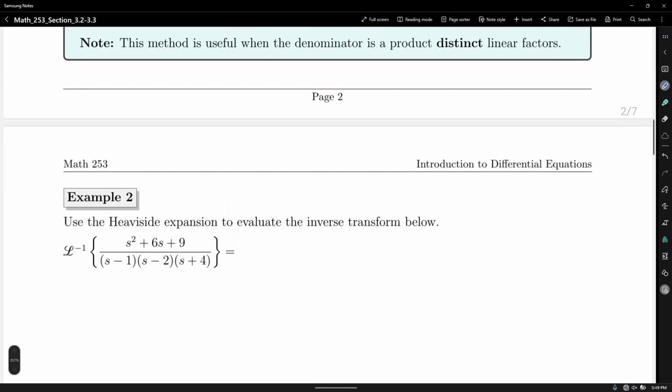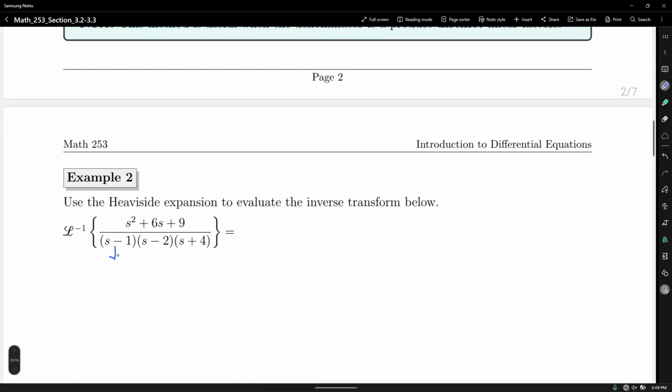Okay, so here, S equals 1 is a zero of the denominator. Again, S equals 2 is a zero of the denominator, and S equals -4 is a zero of the denominator. All right. So what are we going to do?